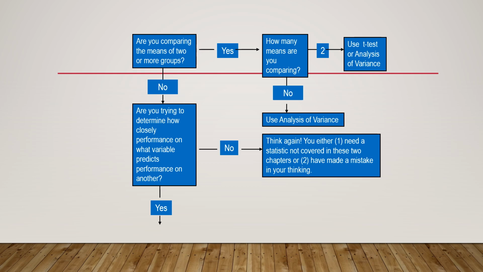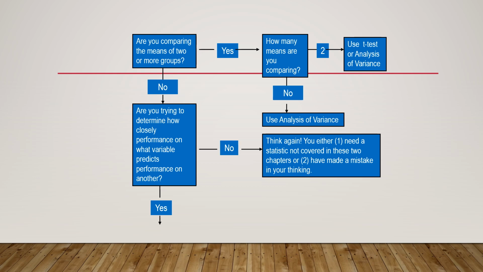Then, if the answer in comparing the means of two or more groups is no, are you trying to determine how closely performance on one variable predicts performance on another? If the answer is no, think again. You either need a statistic not covered in this two chapter or have made a mistake in your thinking.